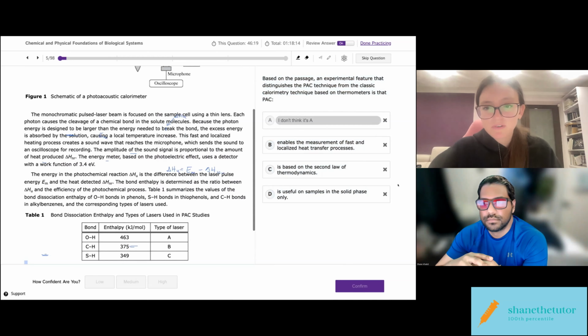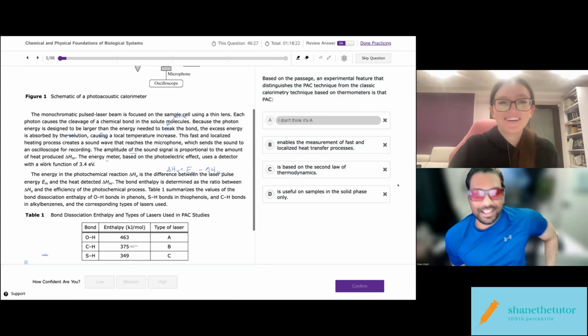It's only useful in samples in the solid phase. Are you supposed to stay away from absolute answers? Yeah, I was going to say that.